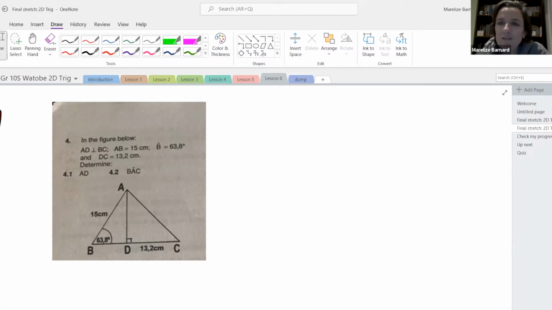Does anyone want to share with us their ideas? How are we going to solve this one? Anyone want to put their hand up and let us know what you're thinking? Mathematicians, what are you thinking? Amahle, you've got your hand up. Tell me. Ma'am, we're going to use triangle ABD and then use sine 63.8.